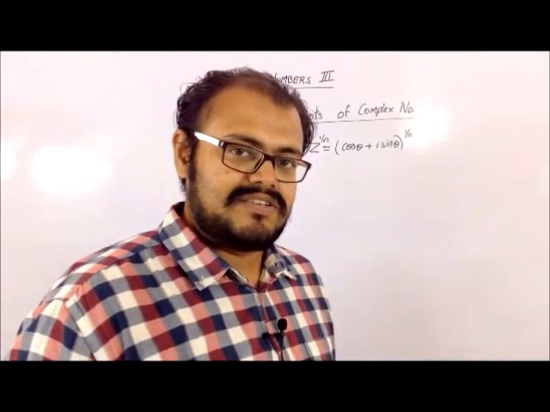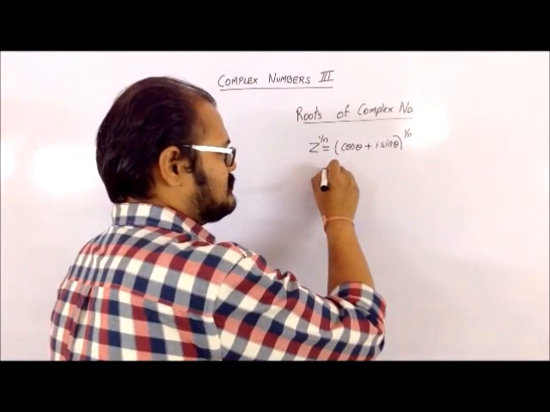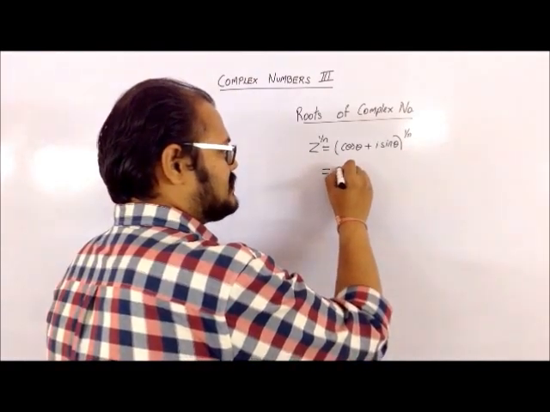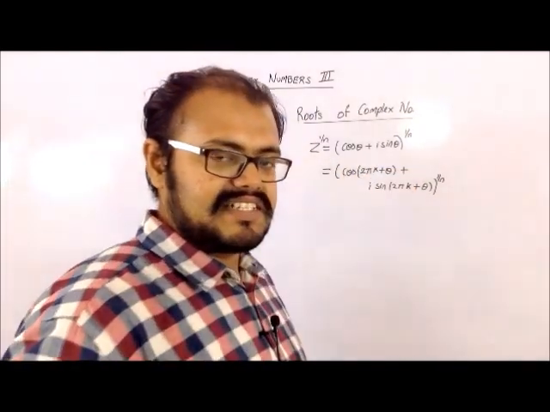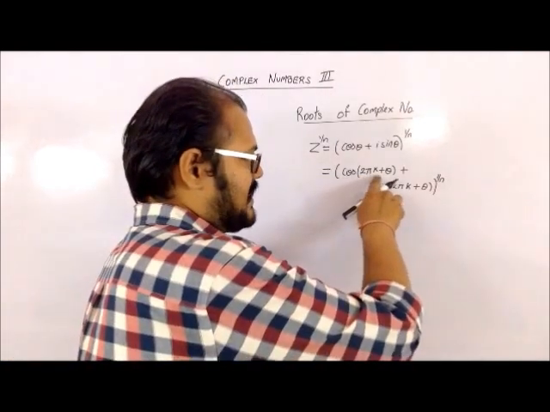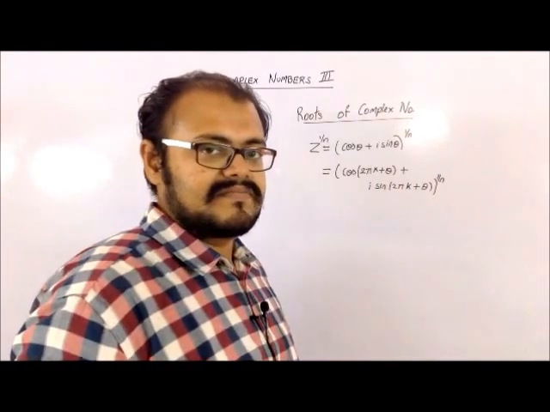To get the n values, before applying the formula for De Moivre's theorem, you have to generalize this statement. So cos theta plus i sin theta can be written as cos of 2 pi k plus theta plus i sin of 2 pi k plus theta.